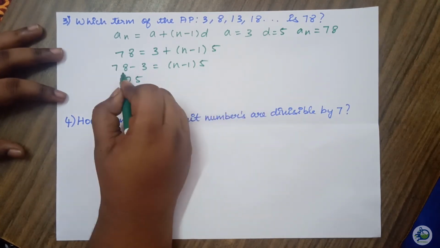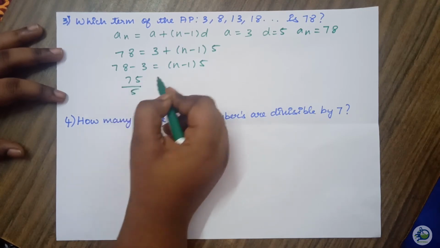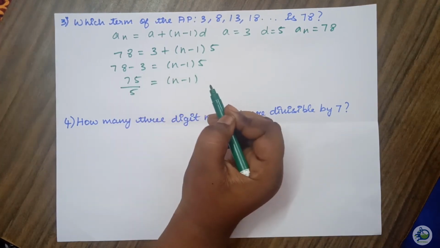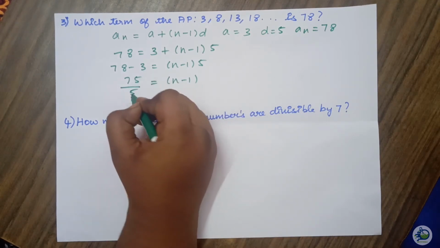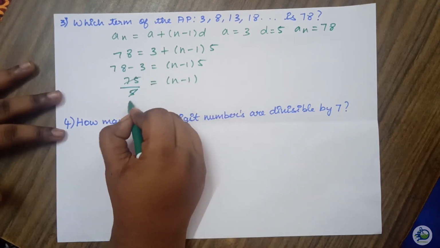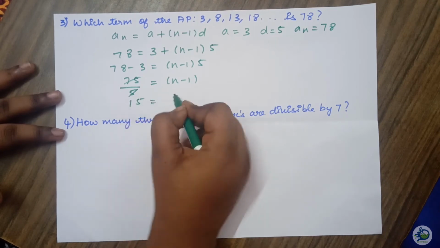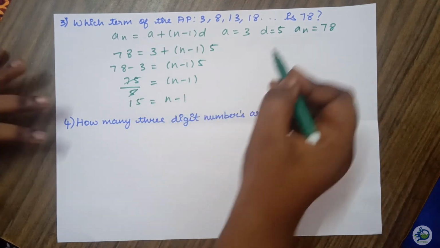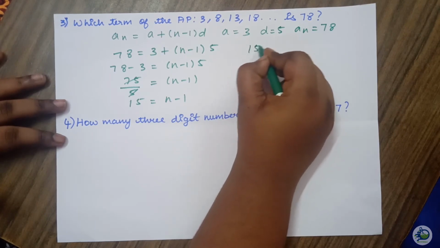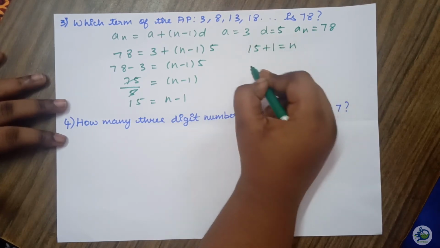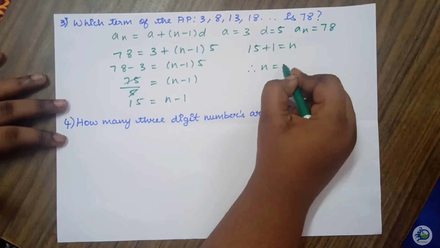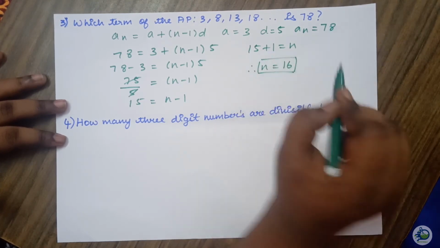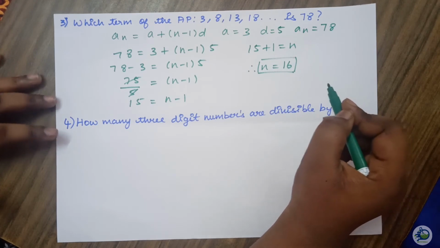When I bring this 5 to this side, it goes to the denominator, and I am left with n minus 1. So when we cancel these, we get 15 is equal to n minus 1. When this minus 1 goes to that side, it becomes 15 plus 1 equal to n. Therefore, n is equal to 16. So the 16th term of this series is 78.